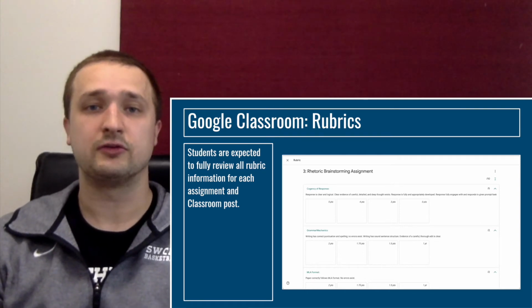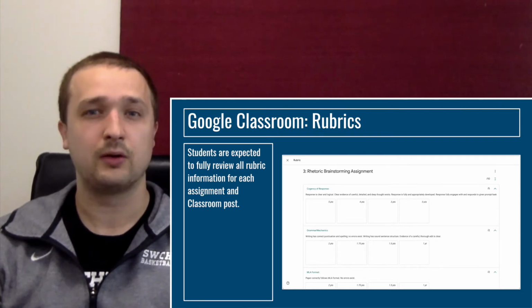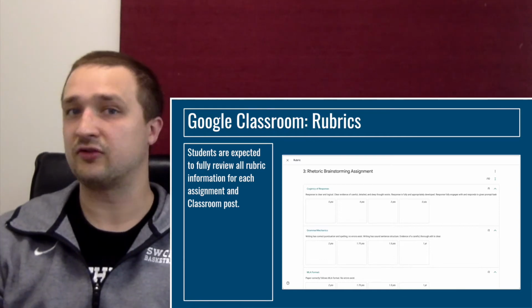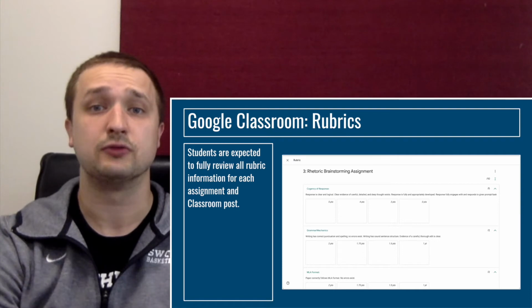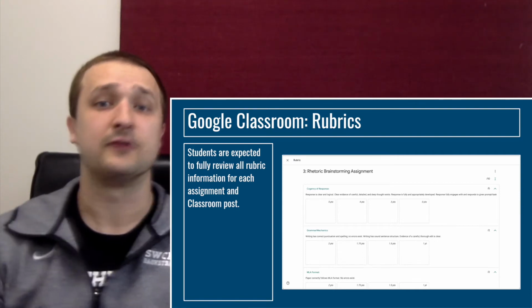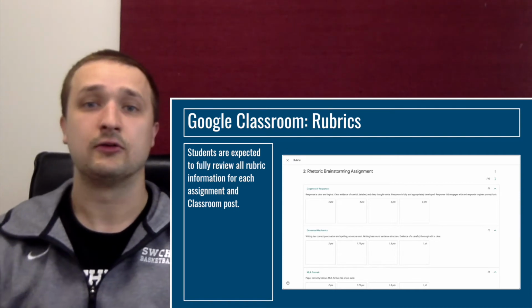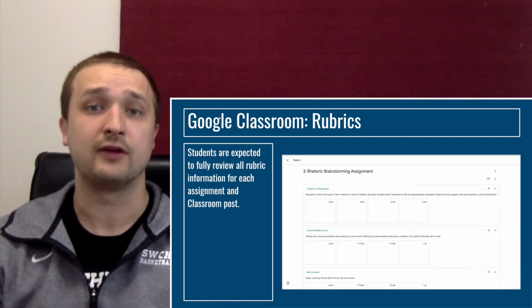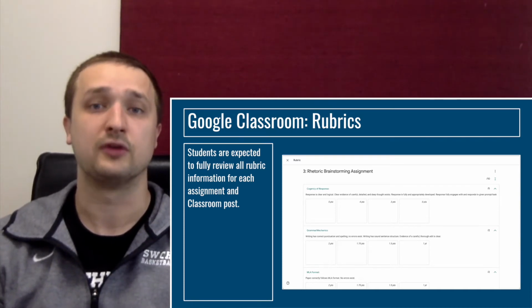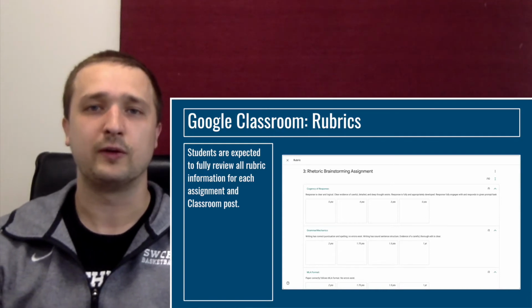I try to post a rubric for just about all assignments, questions, writing responses, whatever you end up doing for this course, there should be a rubric attached to it. So it is very important to open up the rubrics, read them, and make sure you understand what's being asked of you, because these are the rubrics I use to grade and evaluate your work. So it's important to know what I'm evaluating you on up front.